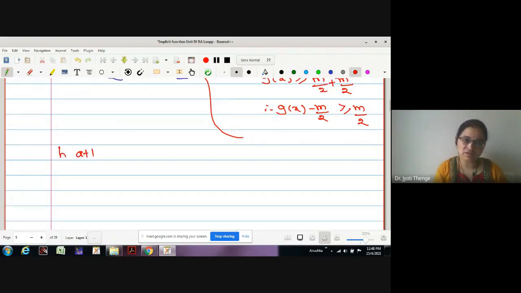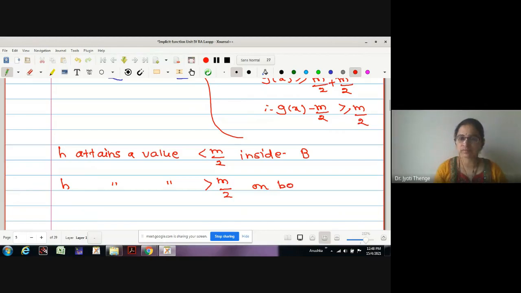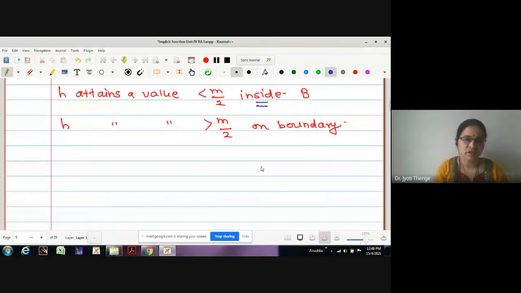H attains a value less than m by 2 inside B. Also, we have proved H attains a value greater than m by 2 on the boundary. Where is the minima obtained? The minima is obtained inside B only. Correct, no?